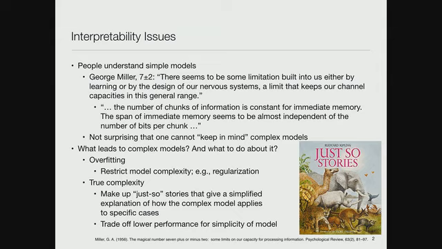We still don't really understand how memory works, but this is just an interesting observation, and I think plays into the question of how do you explain things in a complicated model, because it suggests that you can't explain too many different things because people won't understand what you're talking about.